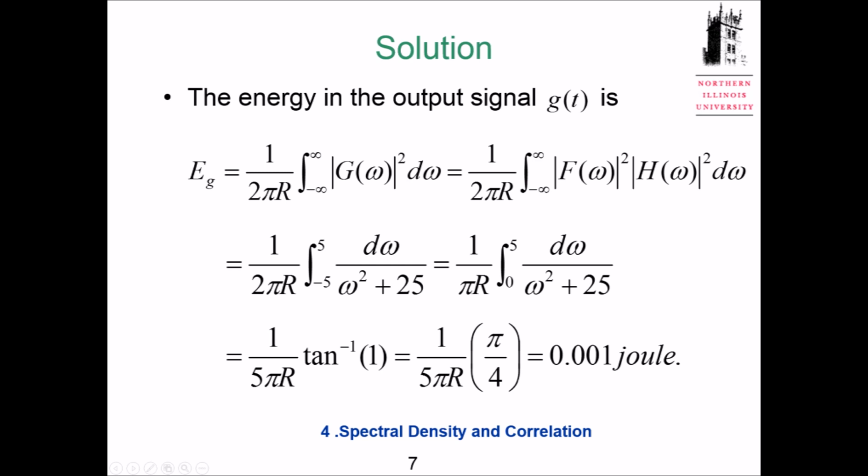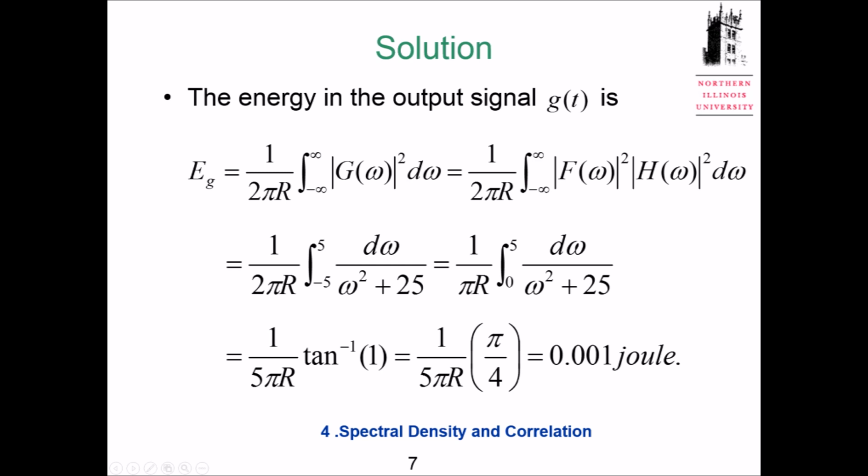Okay, this one, you look at your appendix 8.5, use the integral table. So I just use the table, substitute my value in it, I get the final answer, which is 0.001 joule.